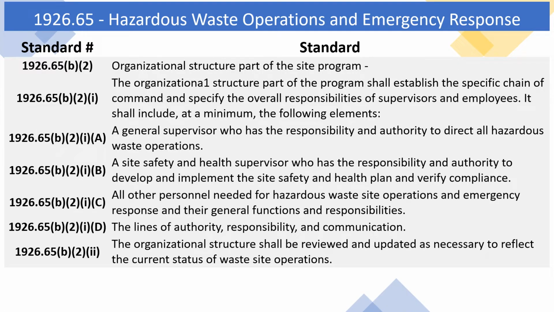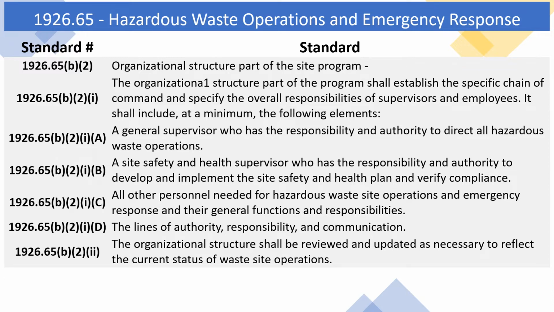1926.65(b)(2) Organizational structure part of the site program. 1926.65(b)(2)(i): The organizational structure part of the program shall establish the specific chain of command and specify the overall responsibilities of supervisors and employees. It shall include, at a minimum, the following elements. (A): A general supervisor who has the responsibility and authority to direct all hazardous waste operations.